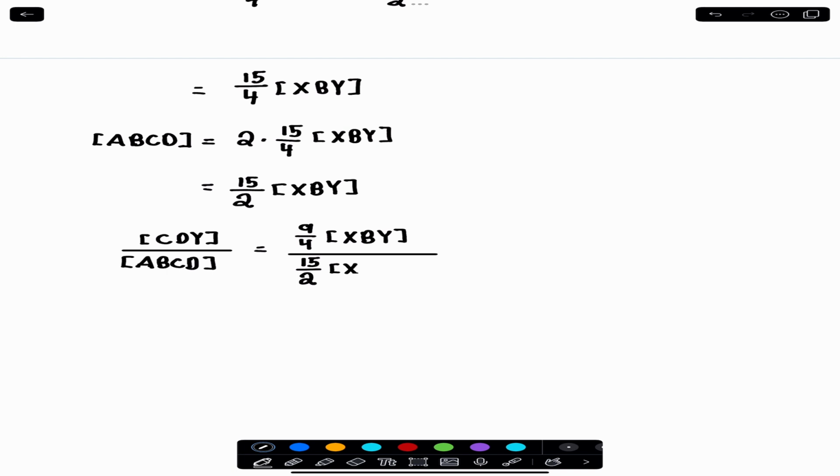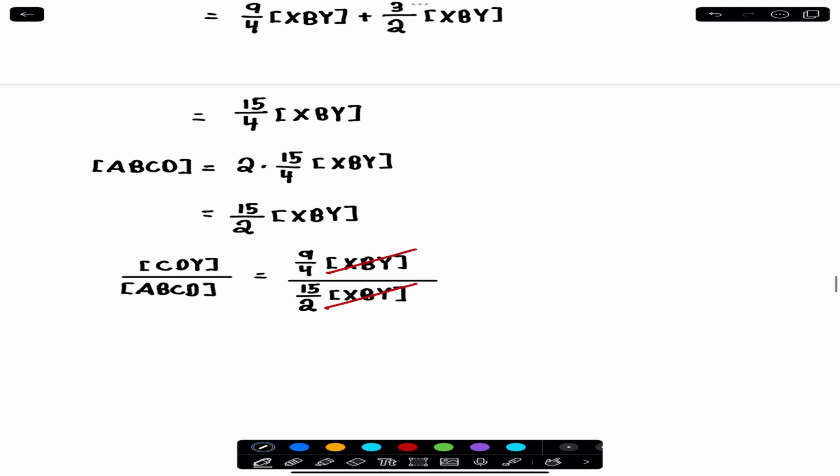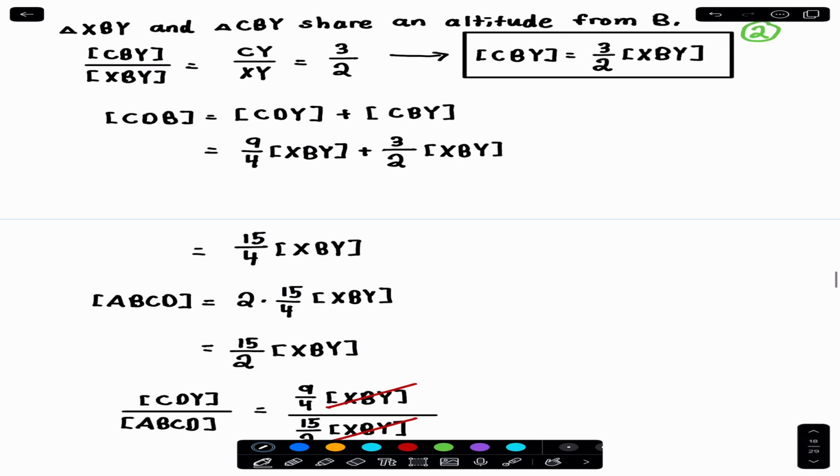And this is a concept that you're going to be seeing pop up over and over again. When it asks you to find a ratio, they want you to find the ratio. You don't have to necessarily find out what triangle XBY is in the first place. And that's the beauty.